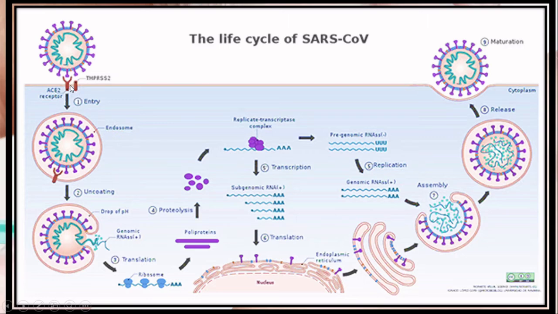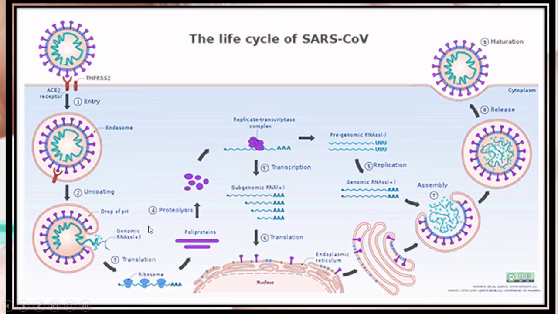Okay, and the ACE2 receptor is going to bind to that S spike protein, and that virus is going to push it inside, forming a vesicle. It is called an endosome. So this endosomal vesicle is going to have the viral particle, and then there will be fusion of the endosomal membrane with the viral membrane, as you can see in this diagram, and then the genetic material will be released.